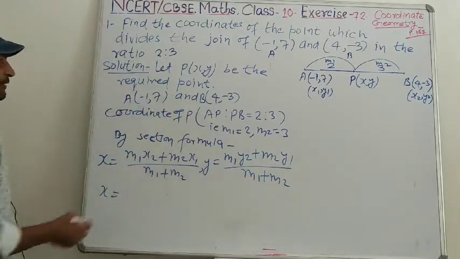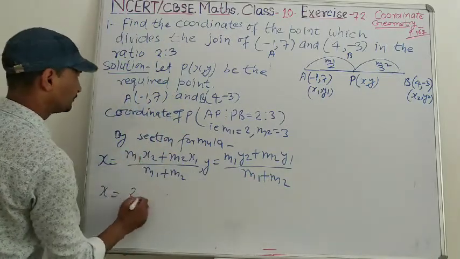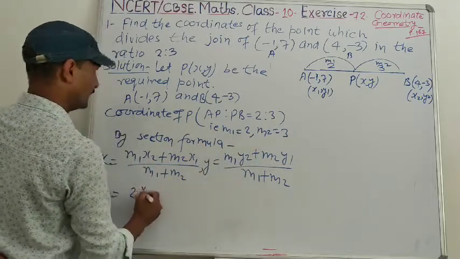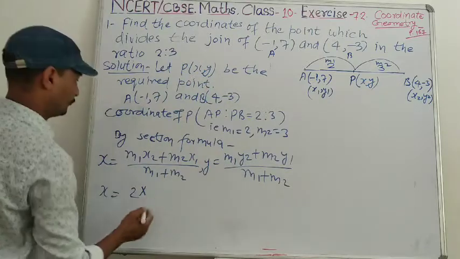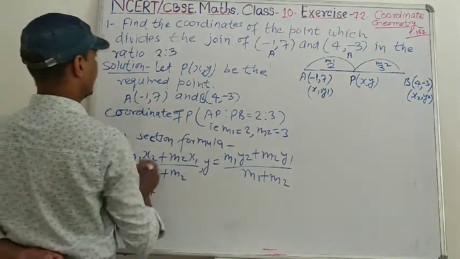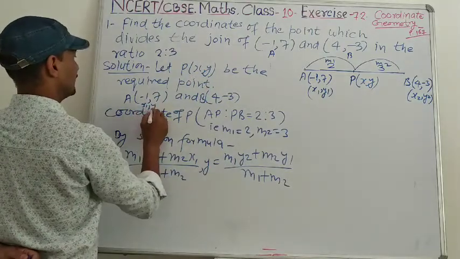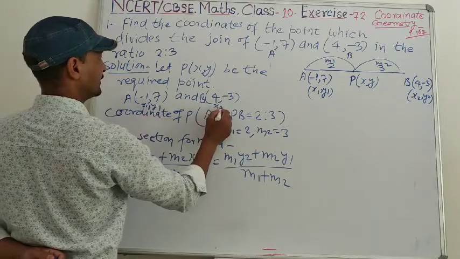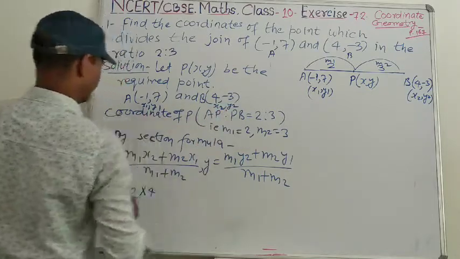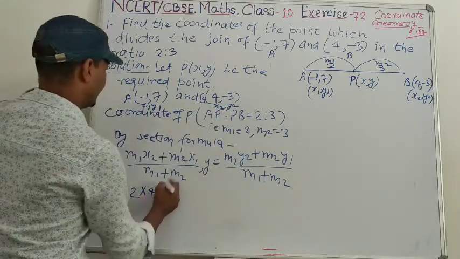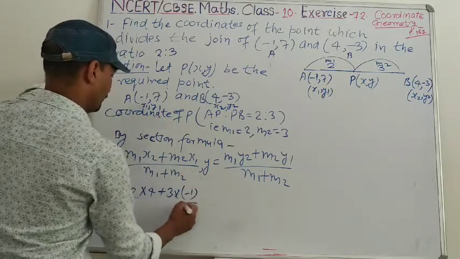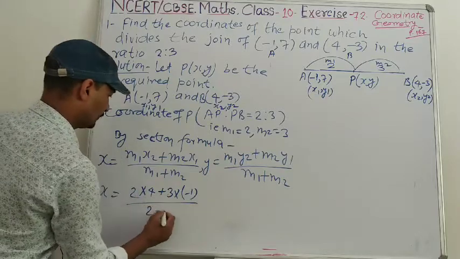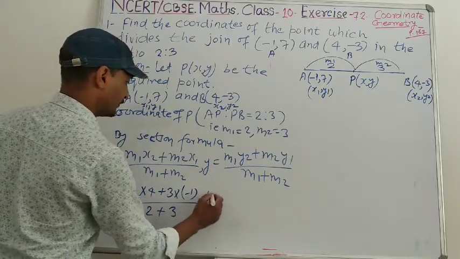So all values we have here. M1 is 2, x2 is, you can check there, 4. Here also we can write x1, y1, x2 and y2. M1 x2 plus M2, which is 3, x1 is -1, by M1 plus M2. M1 is 2, M2 is 3. In the same way we will find y.